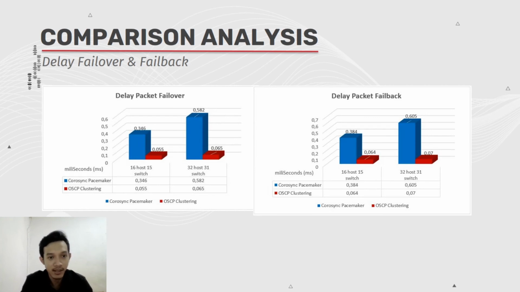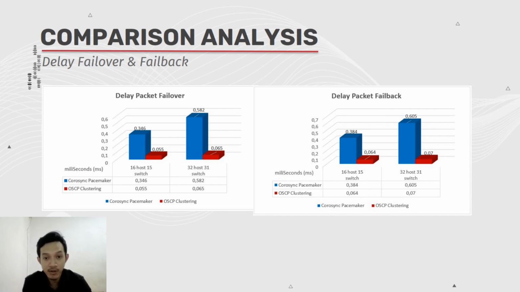Next, comparison analysis of delay, failover and failback. It can be seen that the delay of crossing pacemaker is much greater than the delay of the OSGP clustering method. It can be concluded that the OSGP clustering method with additional hosts and switches can handle the network QoS better than crossing pacemaker.